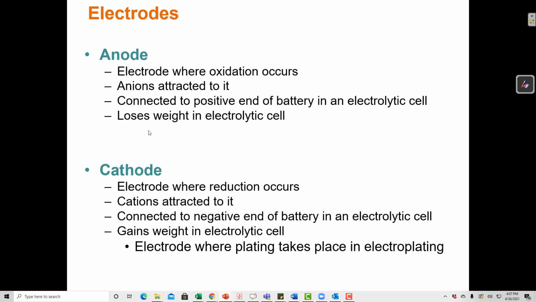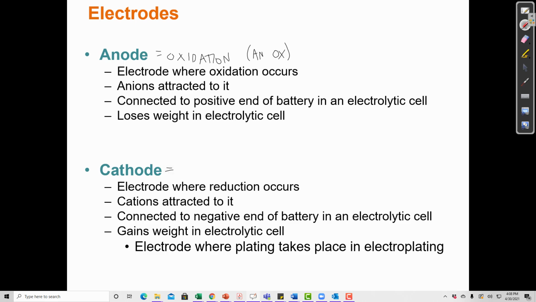So one mnemonic device that we can use to remember the difference between anodes and cathodes is anode equals oxidation, and ox.